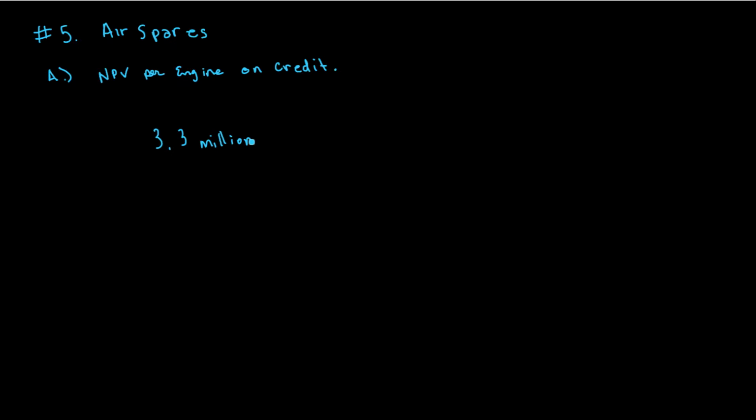Now, this is a one-time order, right? So the cash inflow is the present value of the sales price of the engine times 1 minus the default probability.